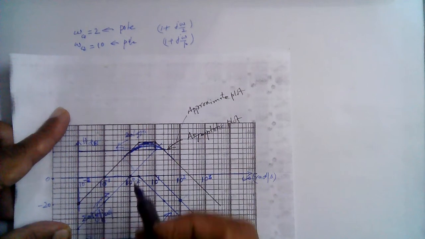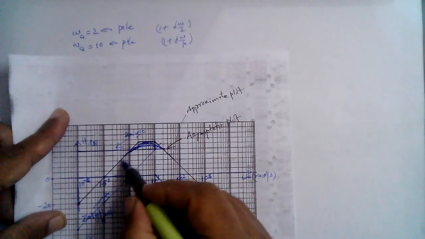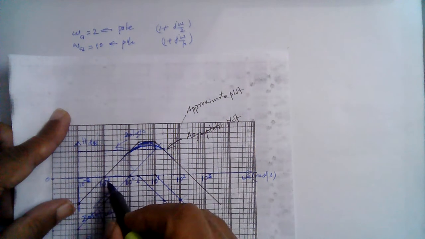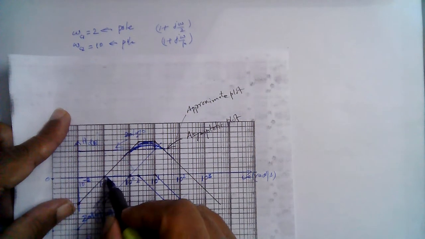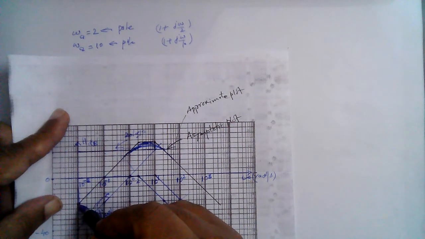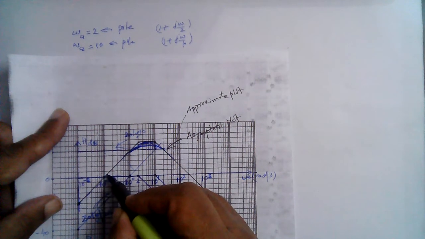We could mistake this line to be a zero with a corner frequency at 10 to the power minus 1. But 10 to the power minus 1 is not a corner frequency, because the line is going on in the same direction and crossing the horizontal axis like this.